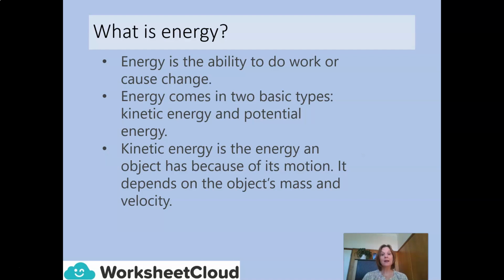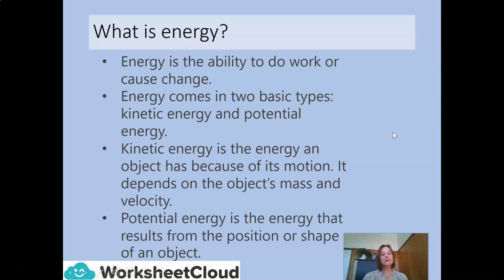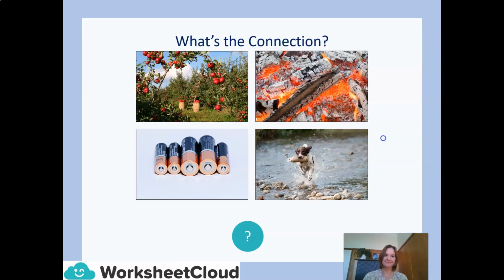Kinetic energy is the energy an object has because of its motion. It depends on the object's mass as well as the object's velocity. Potential energy is the energy that results from the position or shape of an object.